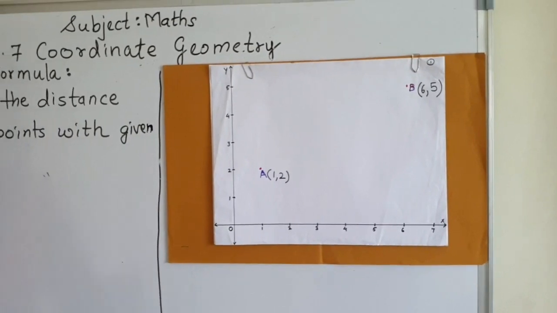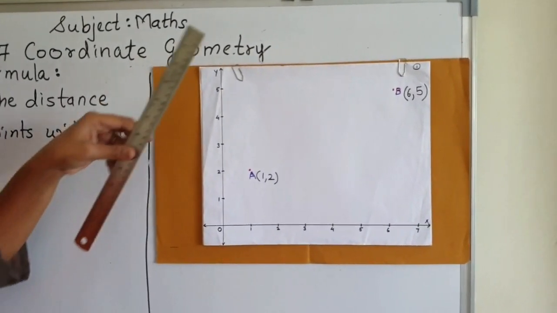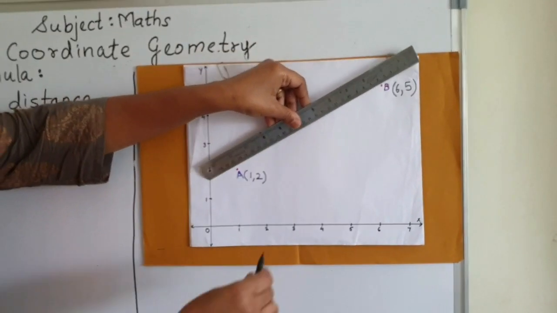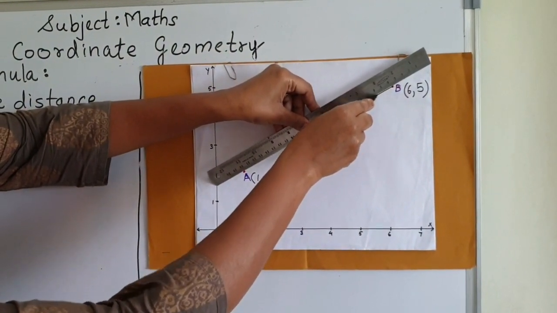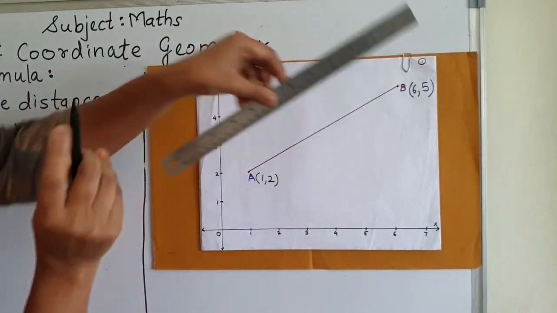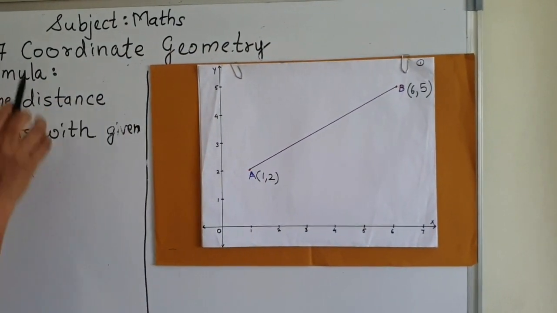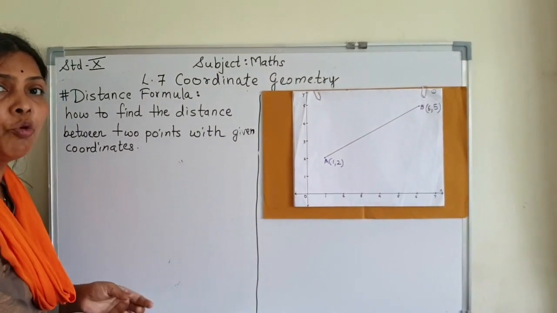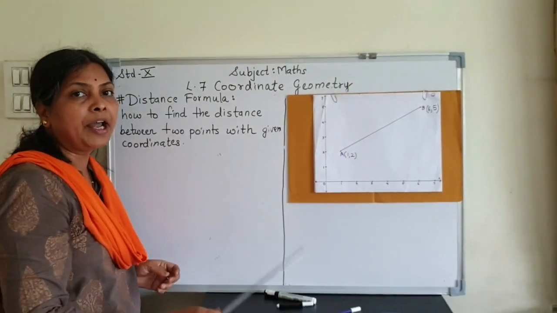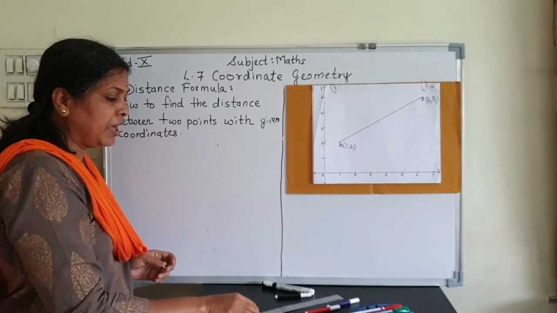Now we need to find the distance between these 2 points. But here we are not using the distance formula directly. First you should know what is distance formula and how it is derived, and then we are using it.